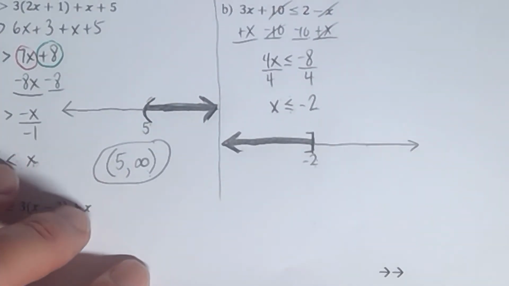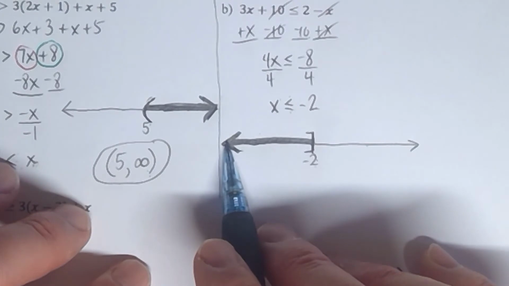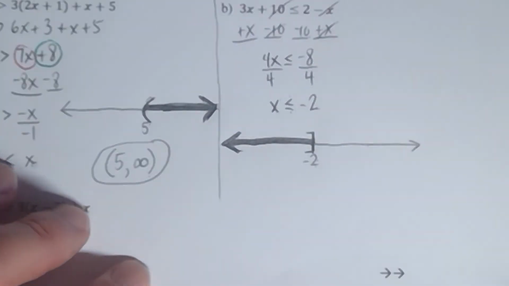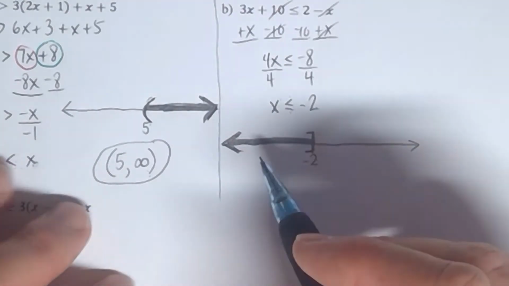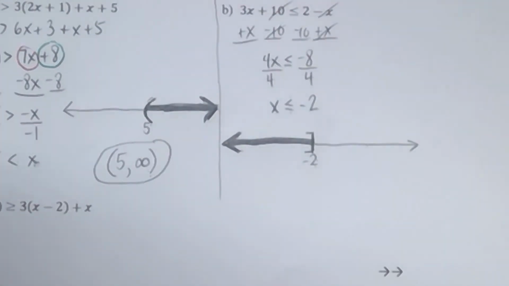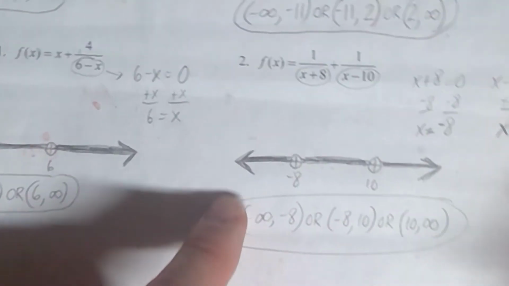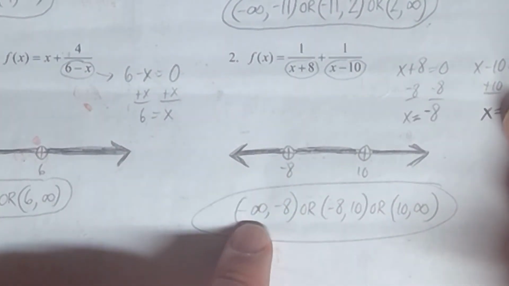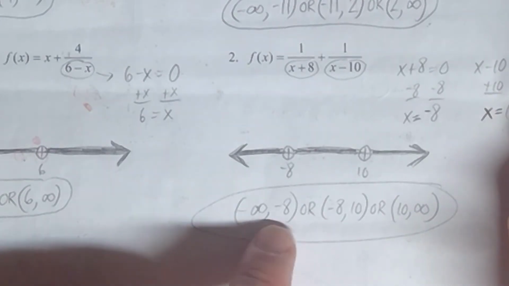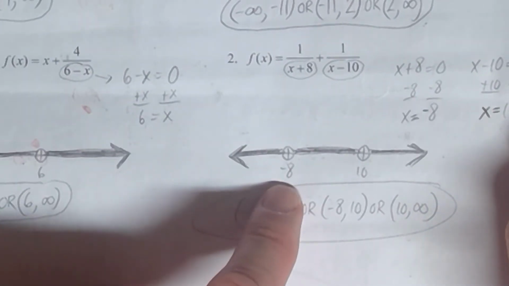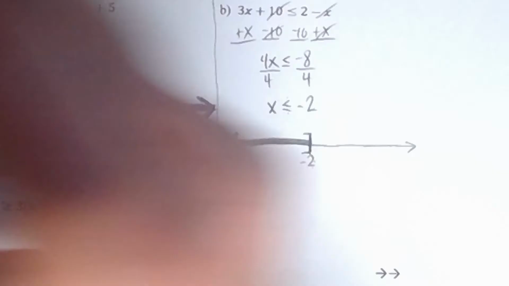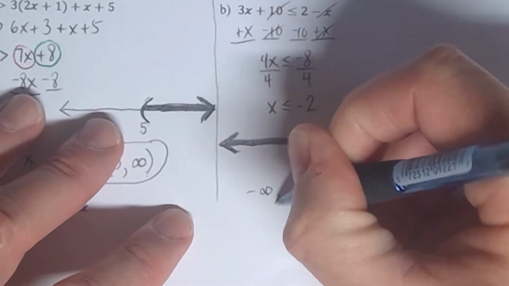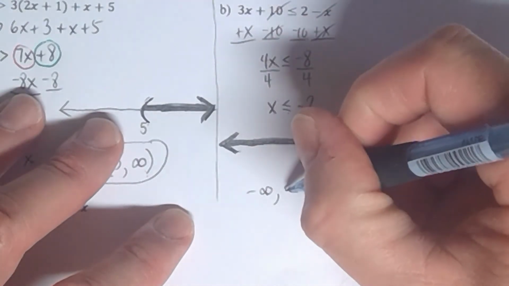So what's the interval notation going to be here? Okay, again, interval notation means you start at the left, and wherever the shading is, you go accordingly. So since, like we saw in the domain problems, if it's shading all the way to the left, that means you start at negative infinity, okay, until it stops. As you see here, it stops at -8. It's a similar thing here, where it starts at negative infinity, you put your comma, and then it stops at -2.